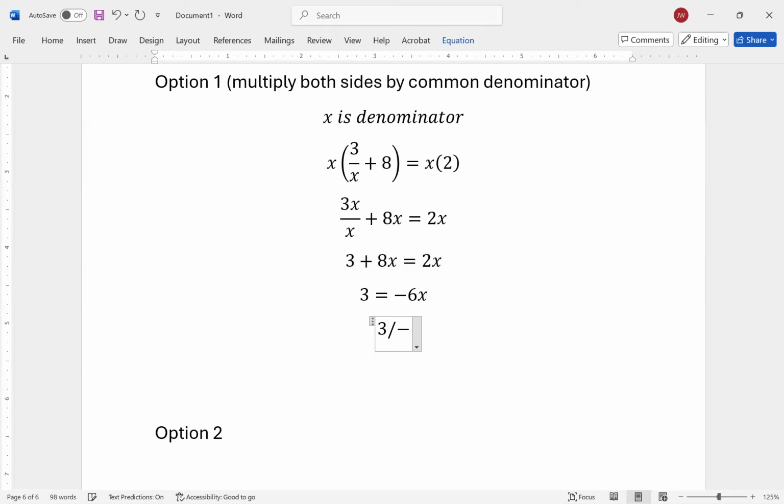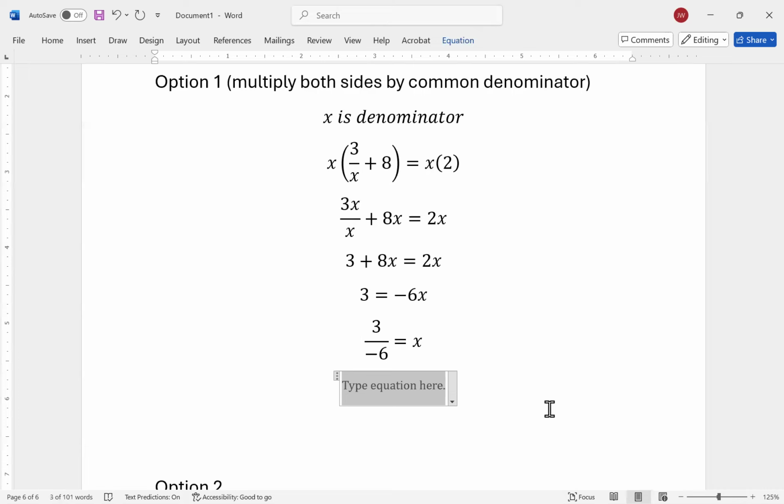Now 3 divided by a negative 6 would be equal to negative 6 over 6 times x. So just x. And then I can rewrite however I'd like. If I wanted to write my answer as a fraction, I'd probably reduce that to a negative 1/2. If I wanted to use a decimal, that would be negative 0.5.